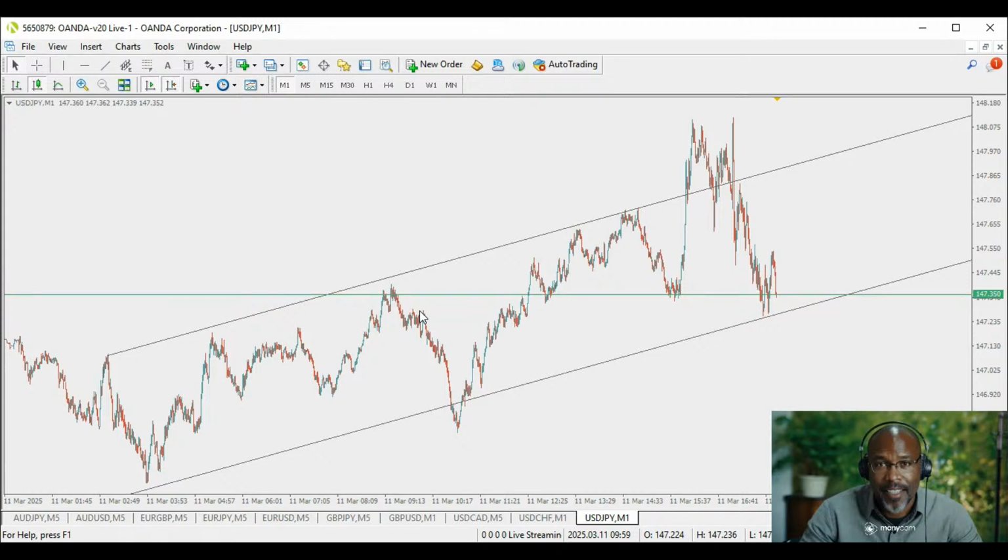Now the question is, will price action turn around here or not?